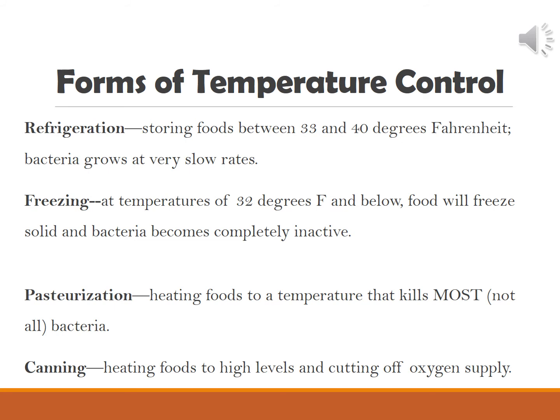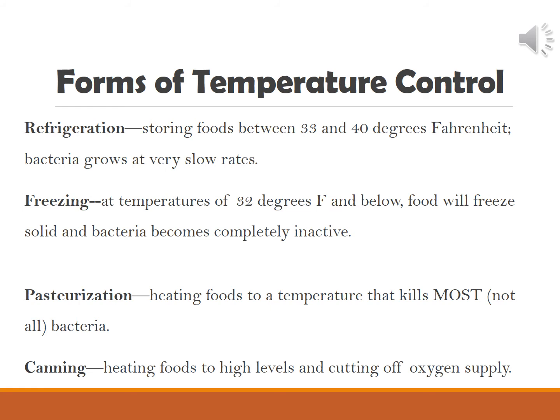When foods are pasteurized in a container, microbial contamination will be delayed for a very long period of time. This is different from sterilization, as sterilization involves heating foods to a higher temperature than pasteurization, which will kill all of the microorganisms.